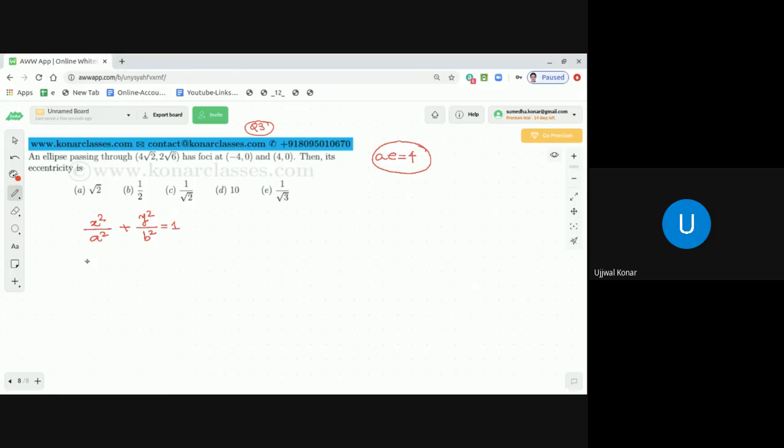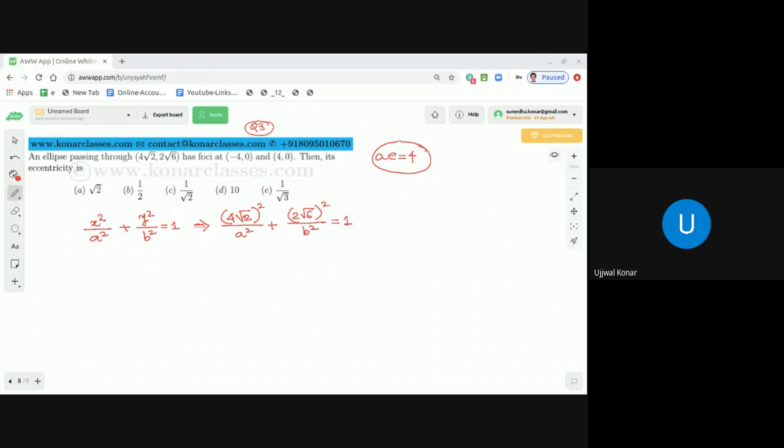So instead of x, we write the x coordinate through which the ellipse is passing, that is 4√2. So (4√2) whole square divided by a square, plus y square, that is (2√6) whole square divided by b square, is equal to 1. Correct, dear students?